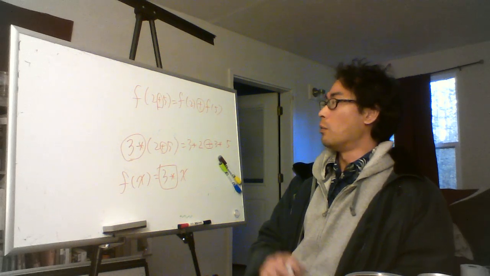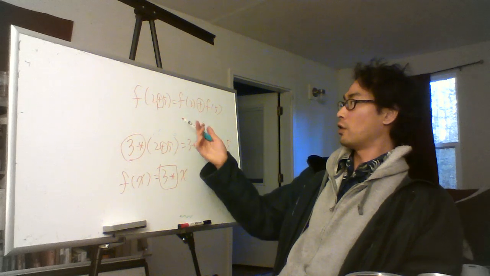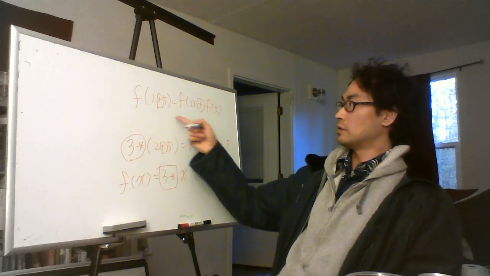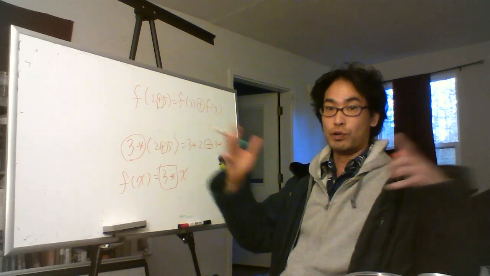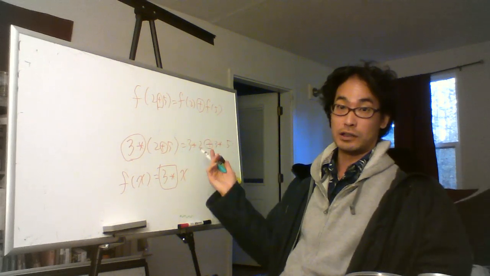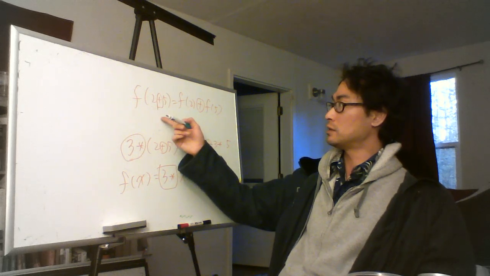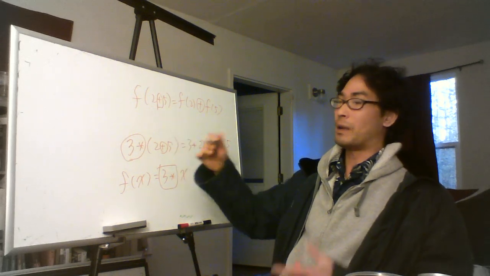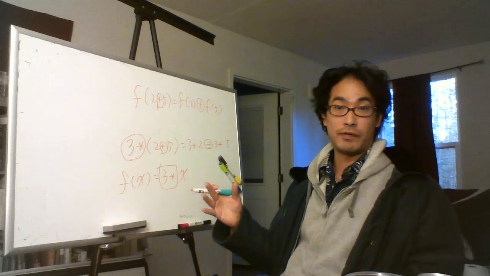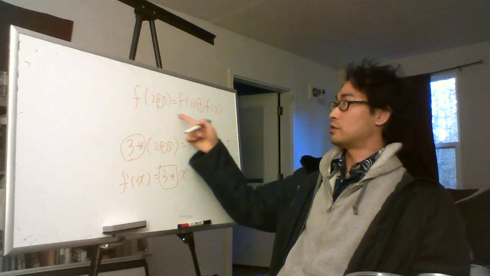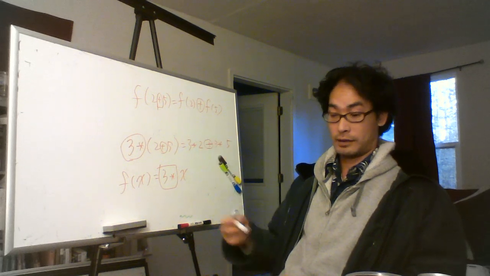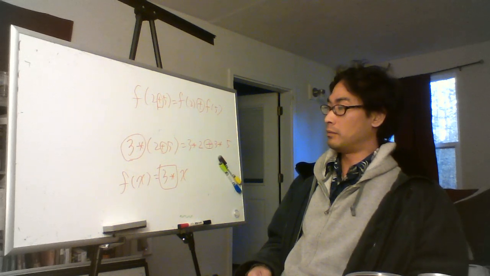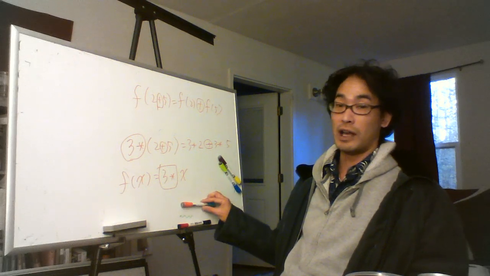But in homomorphism, it goes even further. These two operators sometimes don't have to be the same. That's homomorphism. It's a broader concept than distributiveness. Distributiveness is a particular category of homomorphism where these two operators are exactly the same. Maybe they have different names like endomorphism, automorphism. I don't know.